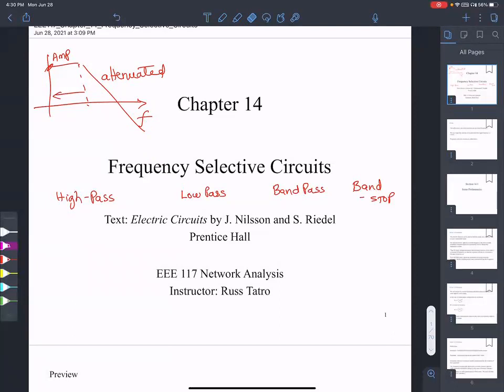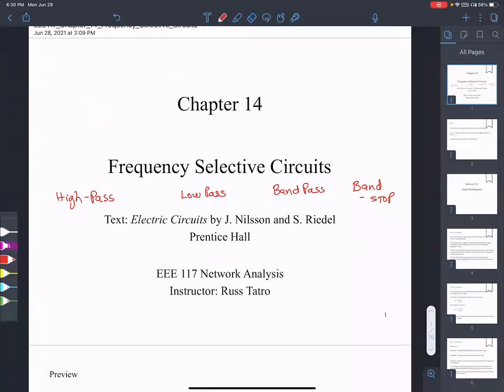The best example is a home theater system, where a subwoofer is only amplifying a select set of low frequencies. The tweeters, or the high frequency speakers, are only amplifying those frequencies of interest at the higher end of the spectrum, and nothing in between or nothing below. So a low pass filter passes low frequencies and attenuates high frequencies. The name is pretty indicative.